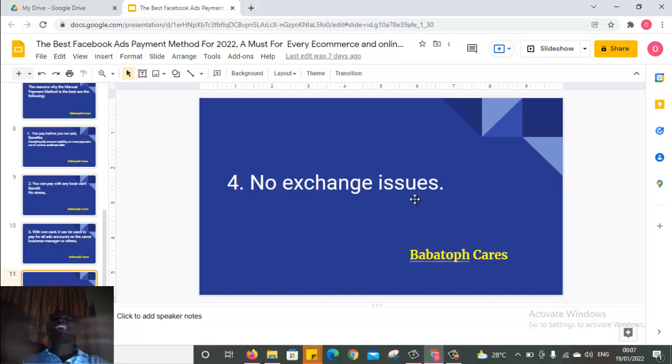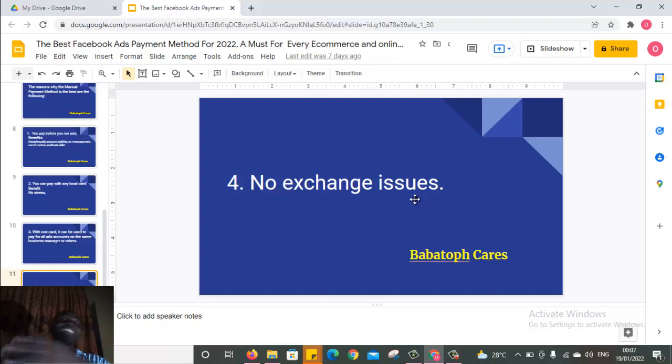Take for instance, do you know that if you are using automatic payment method and you are owing Facebook $10, by the time you convert, if you are using any of these virtual cards, with 5,000 naira you cannot pay Facebook, because by the time you convert that 5,000 naira to dollar, at the end of the day it's going to be $8 or even $7.50.